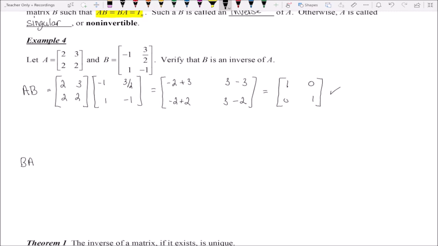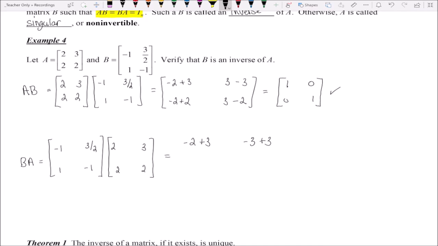Now for B times A. Now it's negative 1, 3 halves, 1, negative 1, times 2, 3, 2, 2. We're going to have negative 1 times 2 plus 3 halves times 2. Then negative 1 times 3 plus 3 halves times 2.